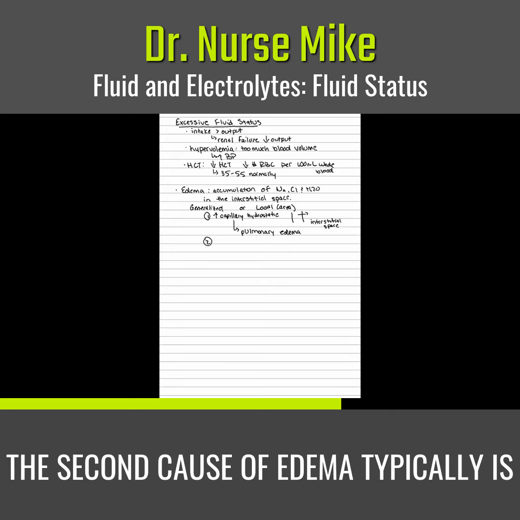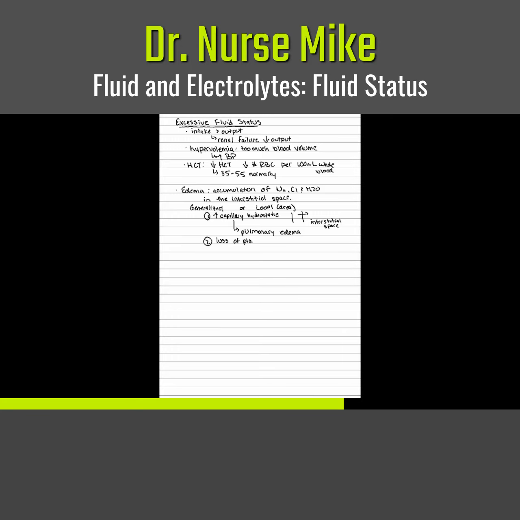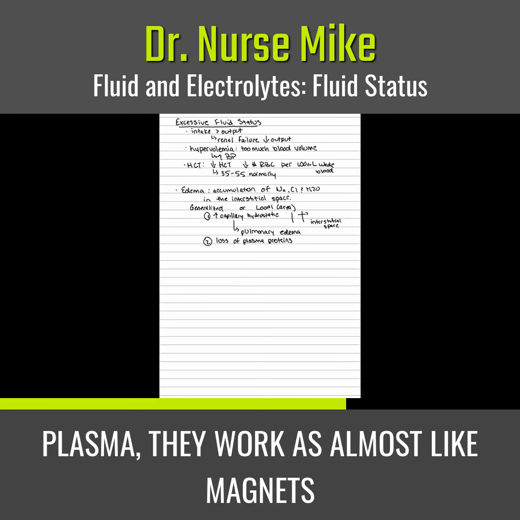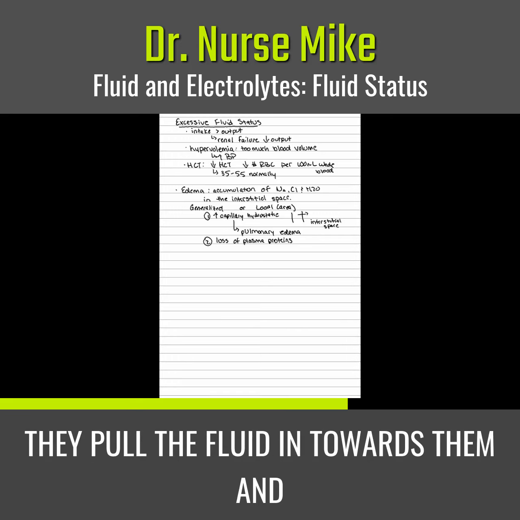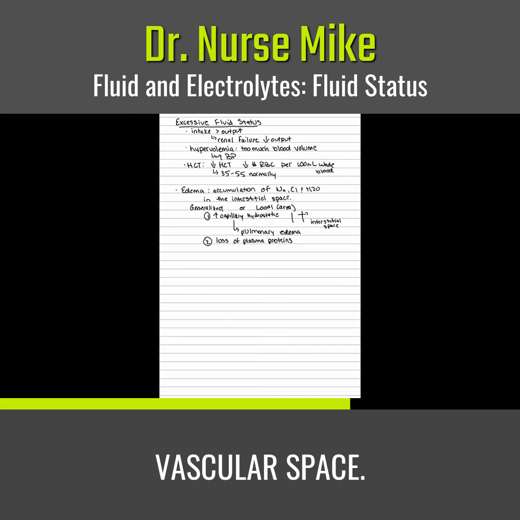The second cause of edema typically is a loss of plasma proteins. When you have proteins in the plasma, they work almost like magnets for the fluid. They pull the fluid in towards them, and that keeps the fluid in the intravascular space.